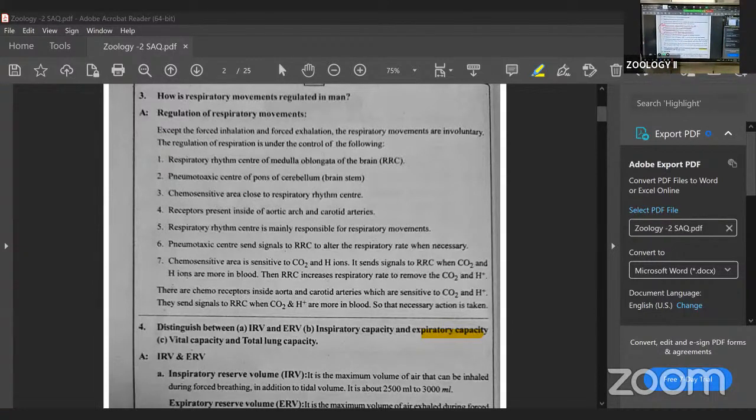Mainly four centers are there for regulating the respiratory movements. The respiratory movements are not only regulated by the lungs; they are regulated by four sites.